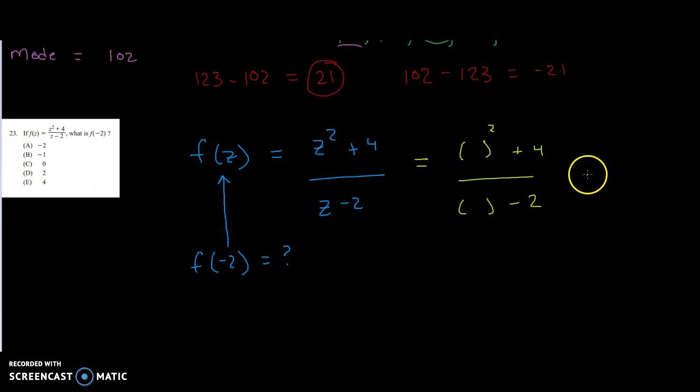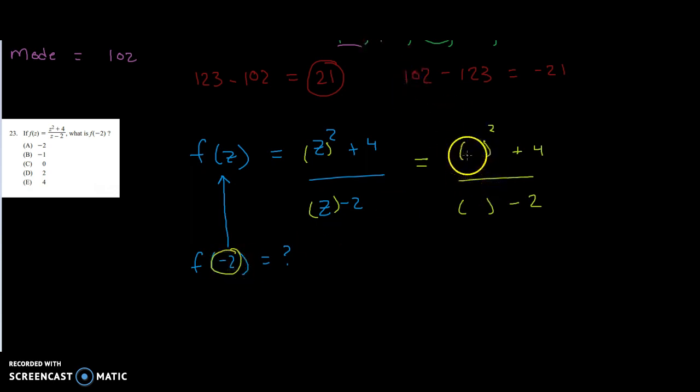And I really would strongly recommend that you do this whenever you're given a function problem on the actual SAT: just drop a parenthesis around those variables wherever they appear, and that way you can simply take the number that you're given and plug it right in.